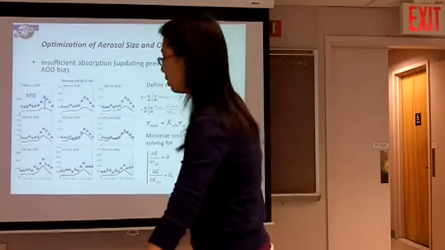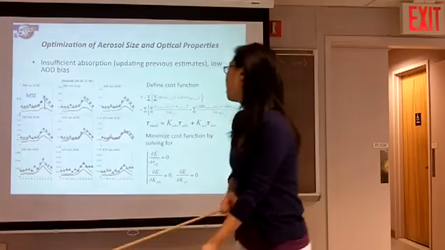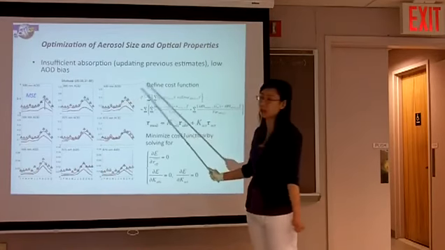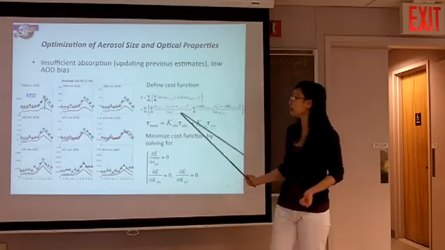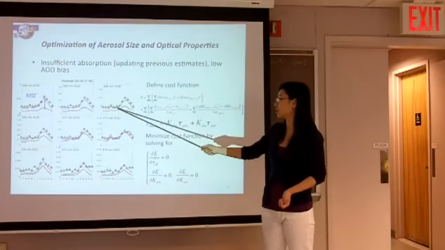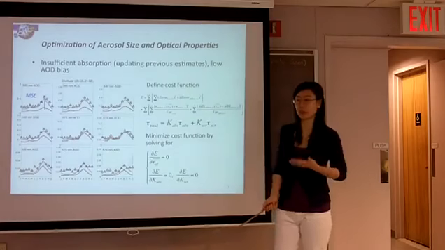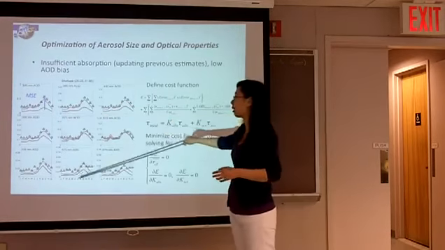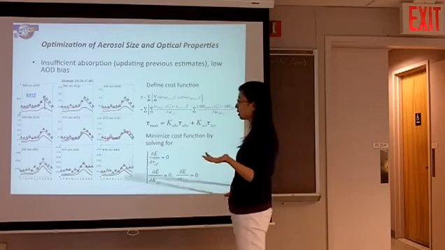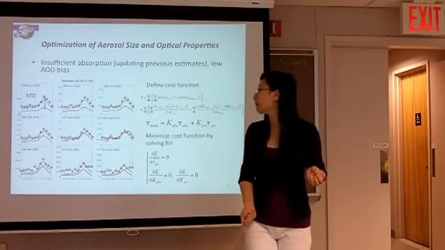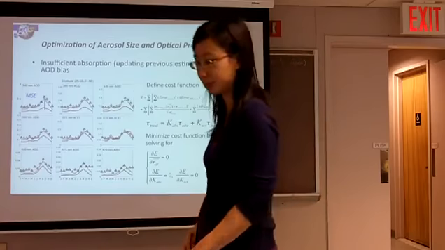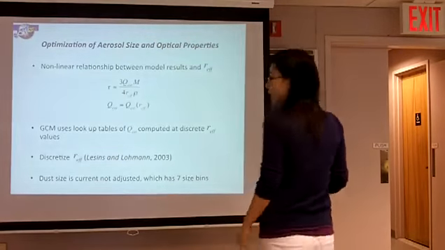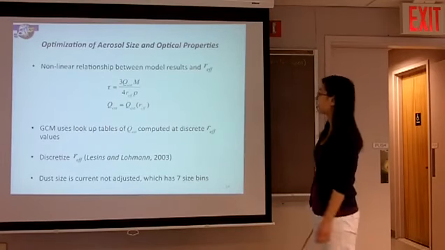Then finally we are able to make it like this. This red is the fitted GCM result after adjusting the size and the fraction of absorbing and non-absorbing aerosols. The shallower slope has been corrected once we decrease the aerosol size. So that's the main idea of this optimal fitting method.